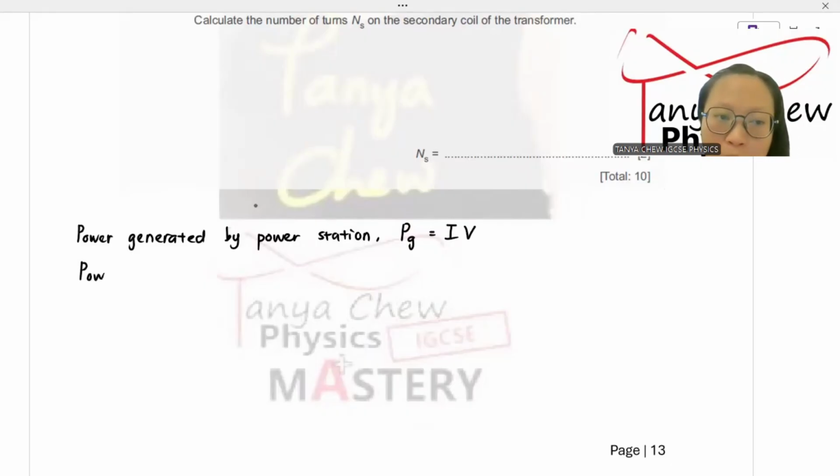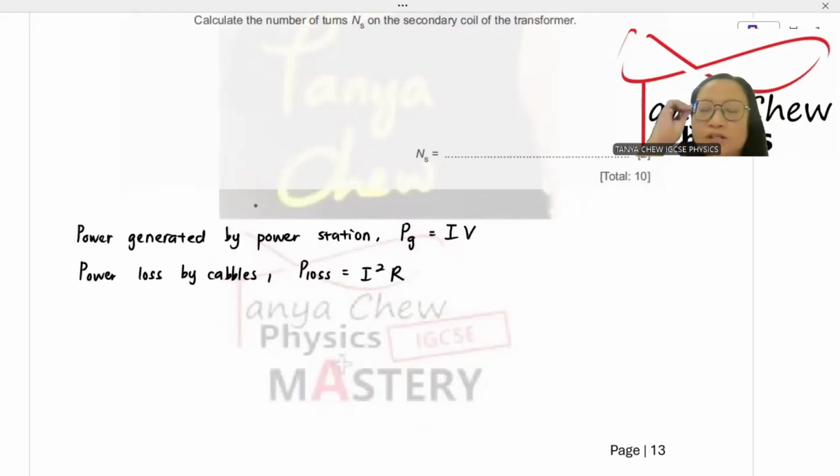Power generated by the power station must be transmitted by wire cables before reaching our household, right? So there will be power loss by the wire cables during this transmission. The power loss, P loss, will be equal to I squared R because all these cables are arranged in series.